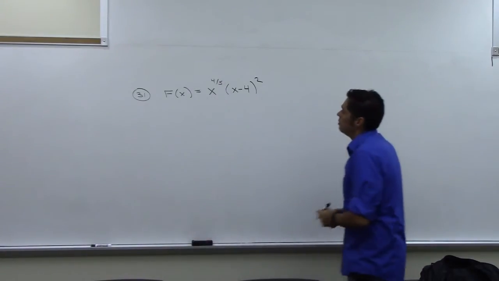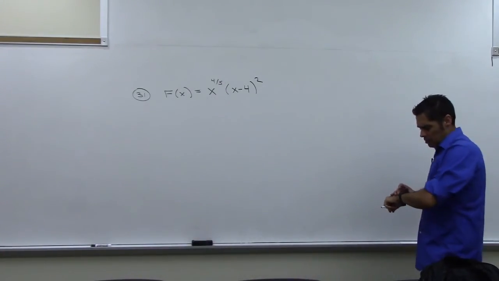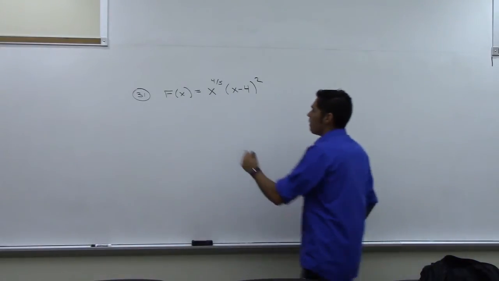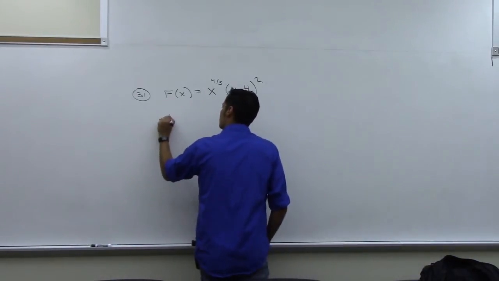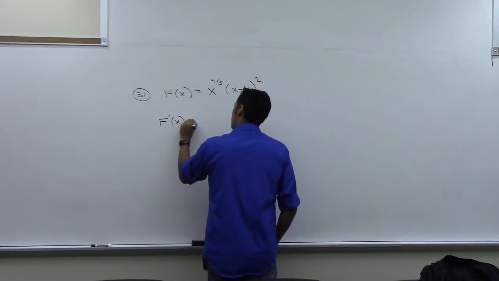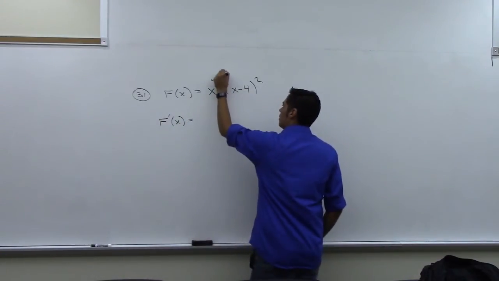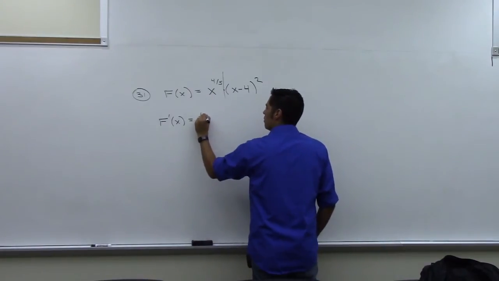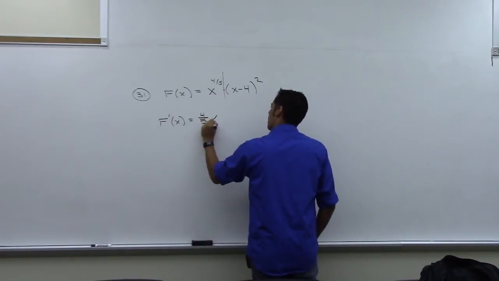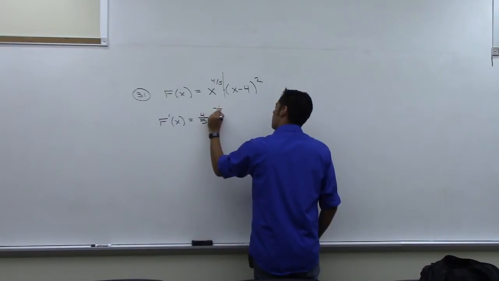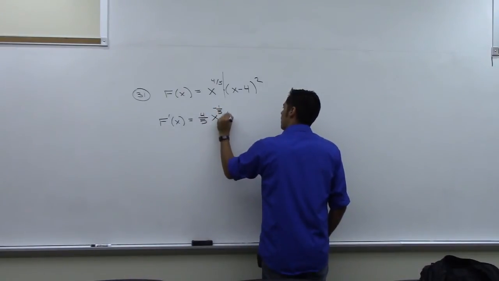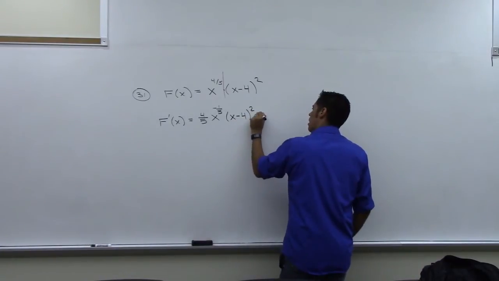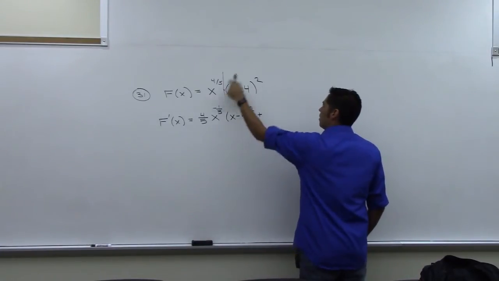All right. Well, I'm going to need to do a derivative here. The derivative of this, I'm going to apply the product rule right here. There's your product. So it's the derivative of the first one, which is 4/5 x to the negative 1/5 times the second one, plus the derivative of the second one here is a chain rule.